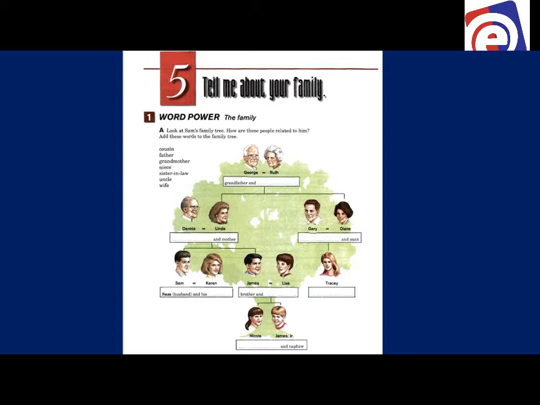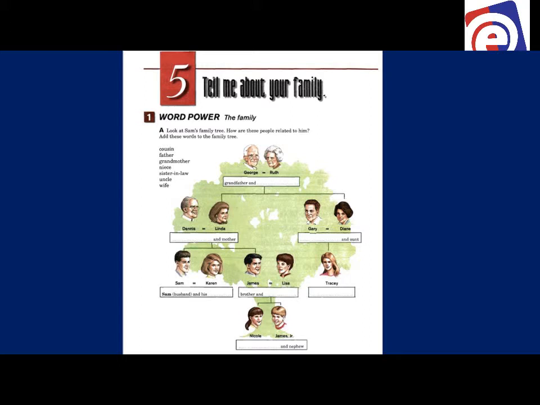Okay? And underneath Dennis, we have Sam and Karen. Sam is the husband and his wife, Karen. Then we have James and Lisa, brother and sister-in-law. So Lisa is the sister-in-law.